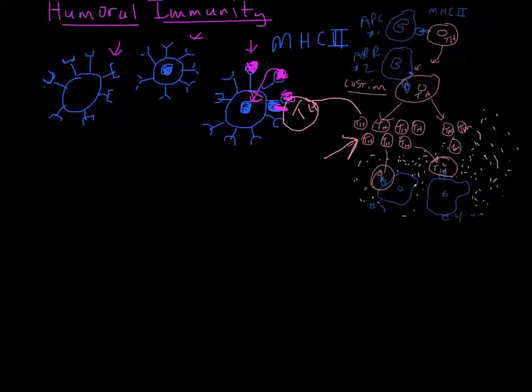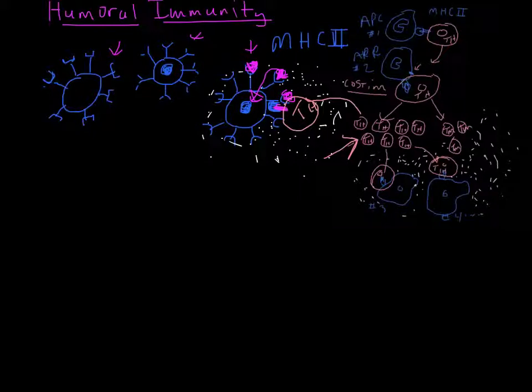It's a match. And so what happens at that point, since it is a match, the helper T binds to the APC, and that helper T is going to start secreting interleukin all over the place.